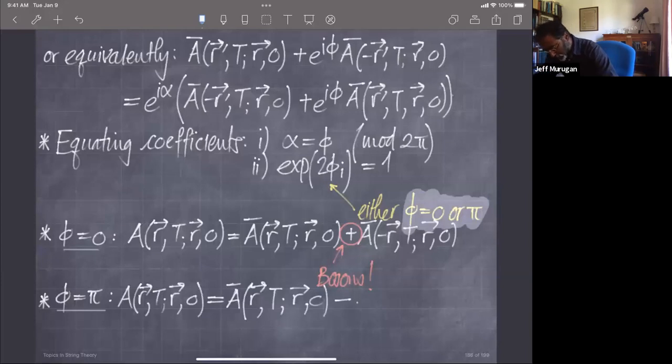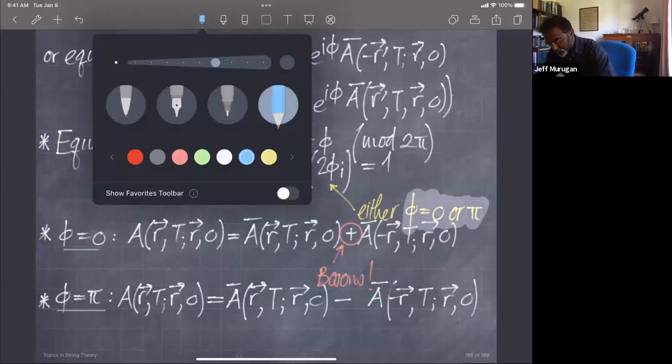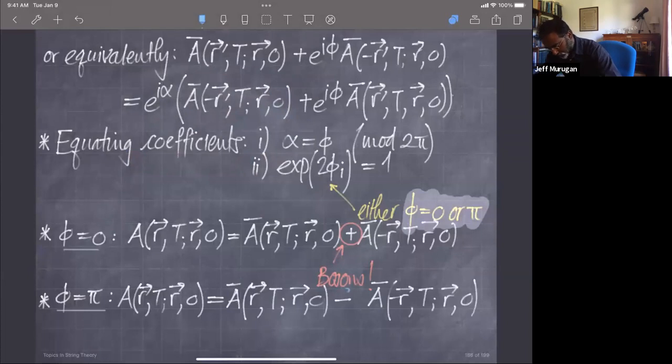Minus, because e to the I pi is minus 1. And this minus sign tells us that we're talking about fermions.